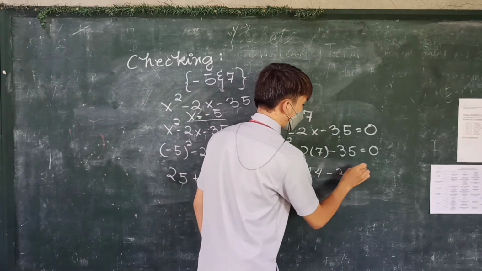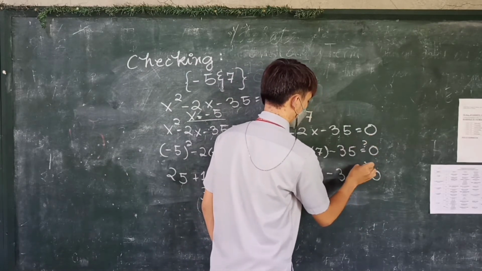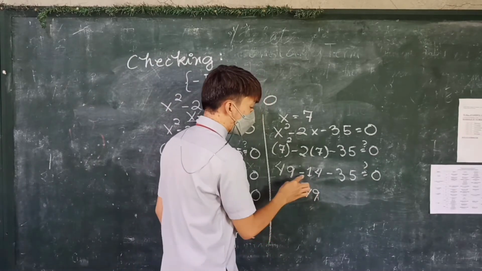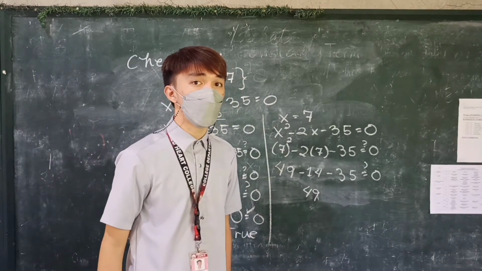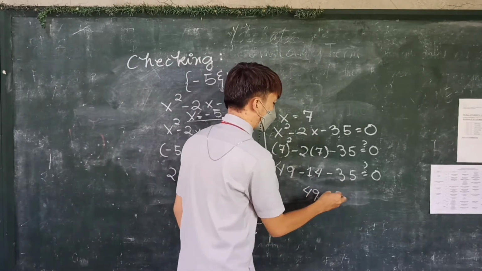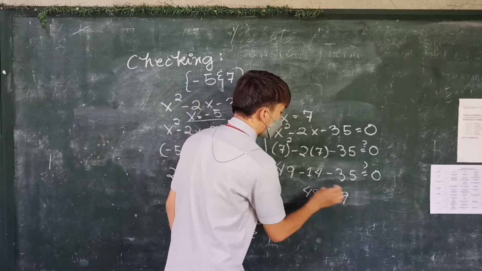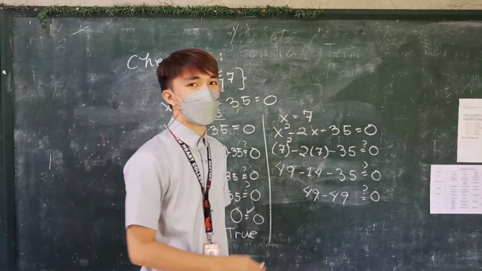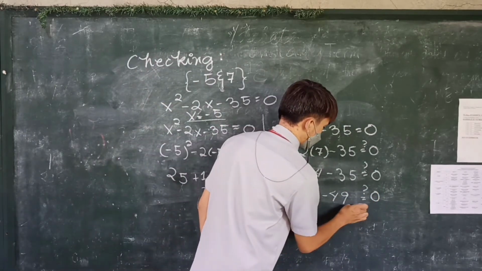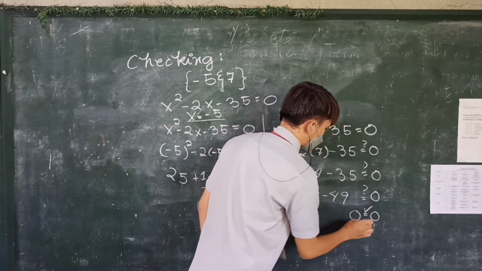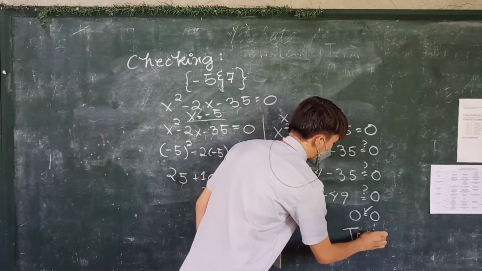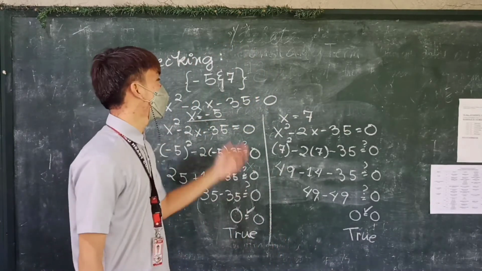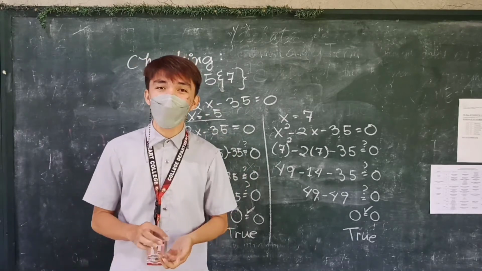Copy negative 35 equals 0. Copy 49. Since both of them have the same sign, we are going to add: 14 plus 35 is equal to 49, and copy the common sign, which is negative. 49 minus 49 equals 0. So it's true, which means that 7 also satisfies the given equation. So both roots, negative 5 and 7, satisfy the equation.